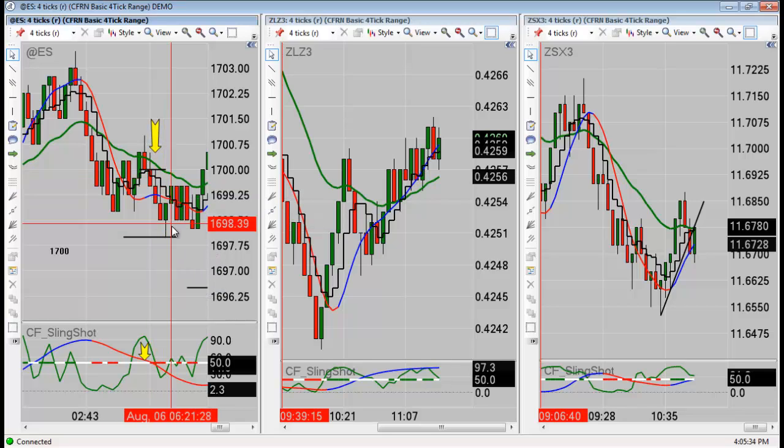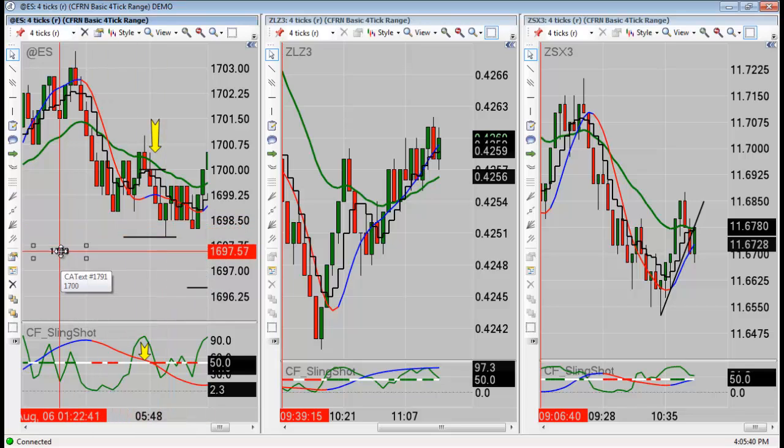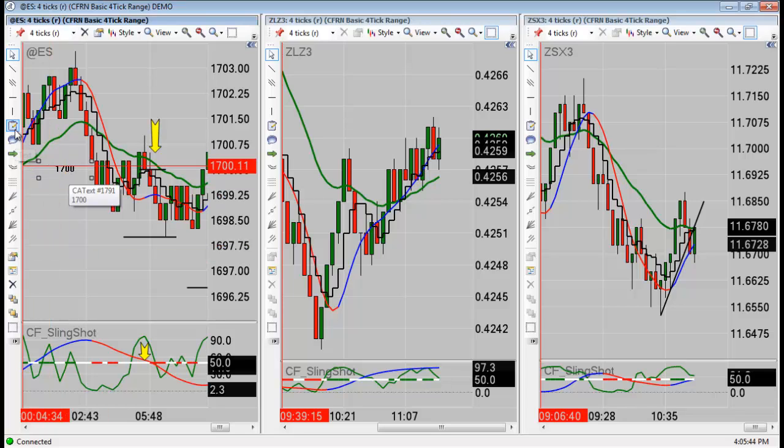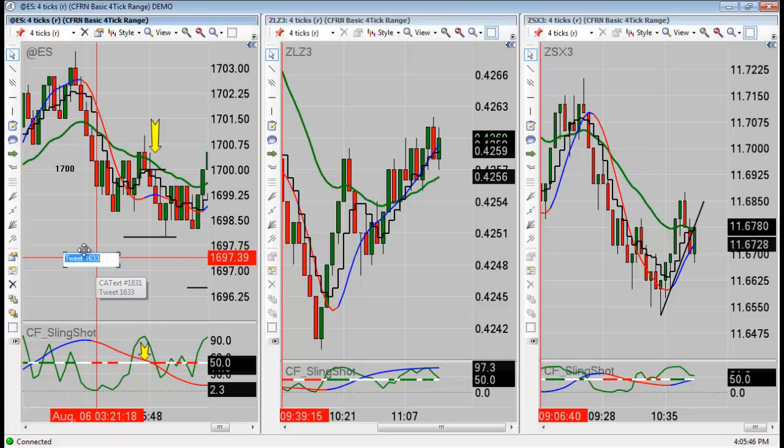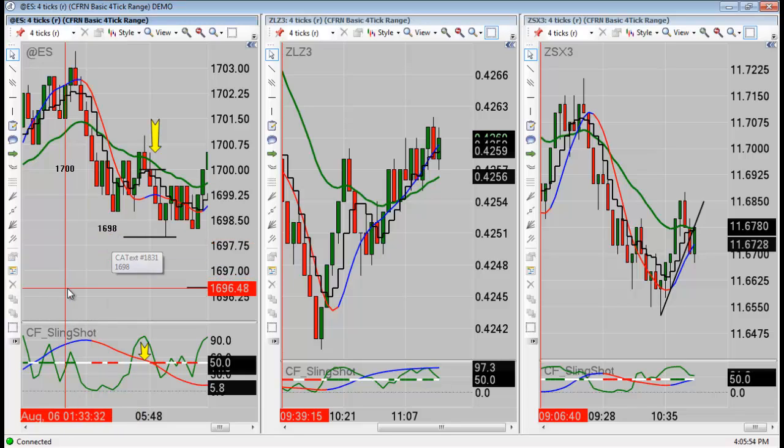The swing low right here on this candle is 1698. 1700, 16.98. It's 2 points. Our daily goal is 2 points.